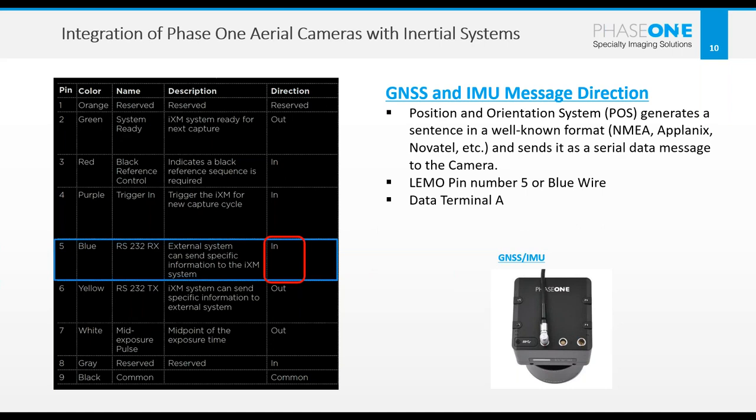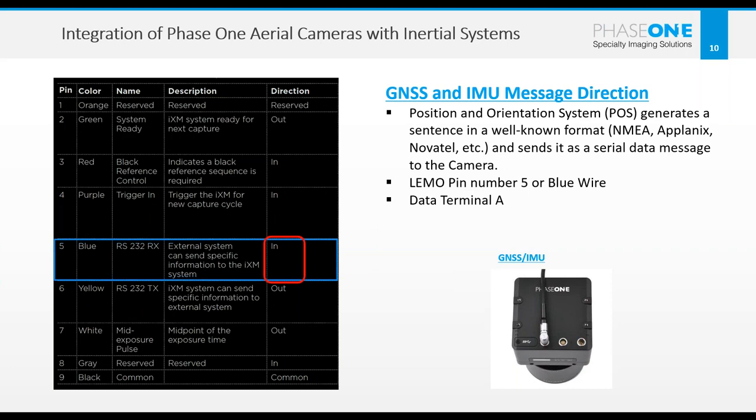So Phase One can read either Applanix, NovAtel, or our partners' messages, EGI or GGS, as well as the NMEA stream. This message is injected into the camera through pin number 5, or the blue wire. You can see that in our documentation that is available in the download area.